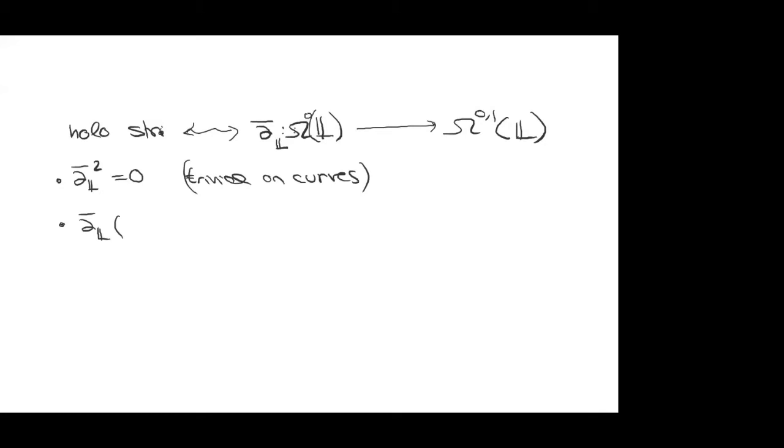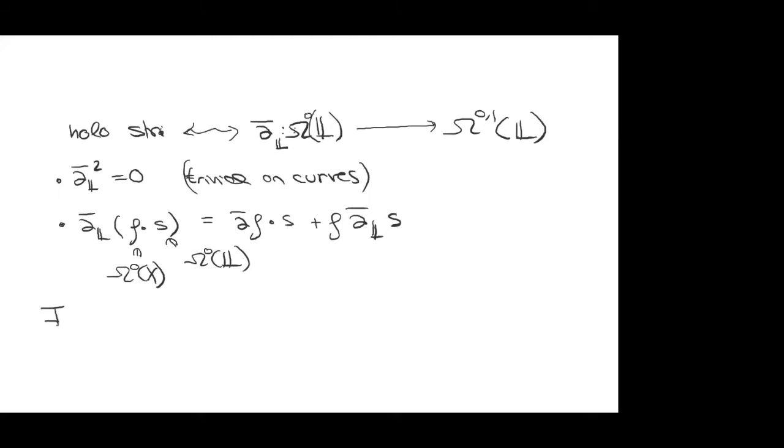So given any section and a function, so this is a function on the curve, and this is a section of the bundle, it should satisfy delta bar of f times s equals delta bar f times s plus f delta bar_L of s. Okay, right, so these are the objects to be classified. Now we need an isomorphism notion.